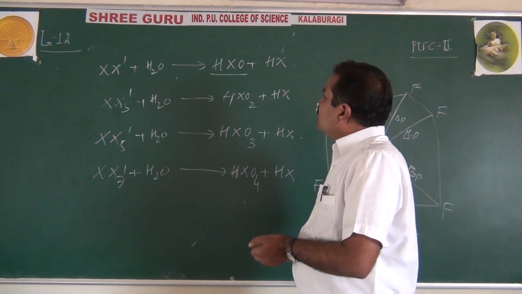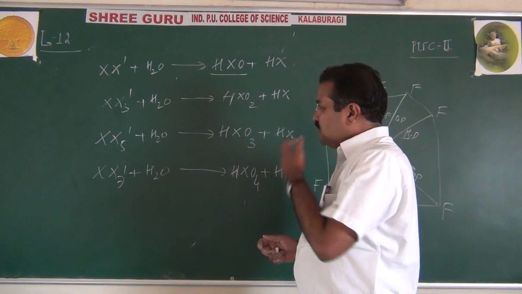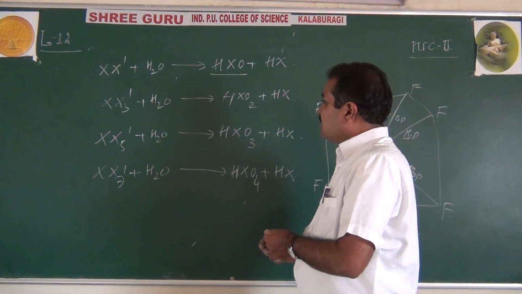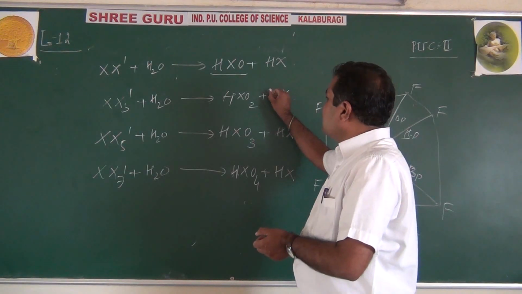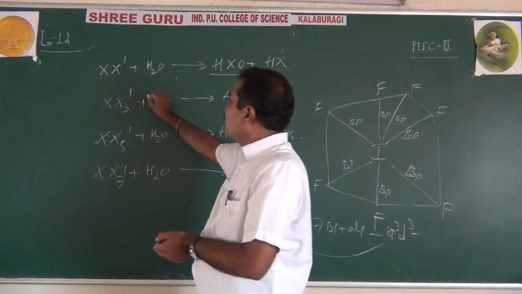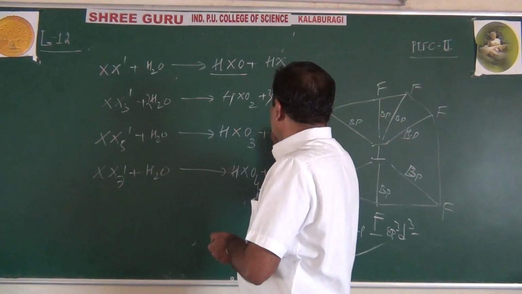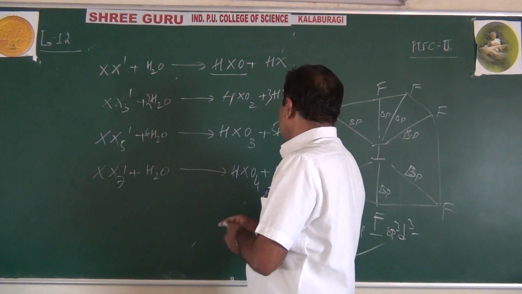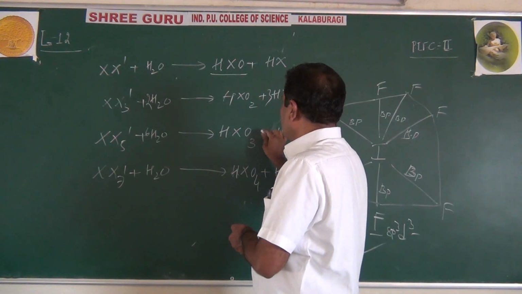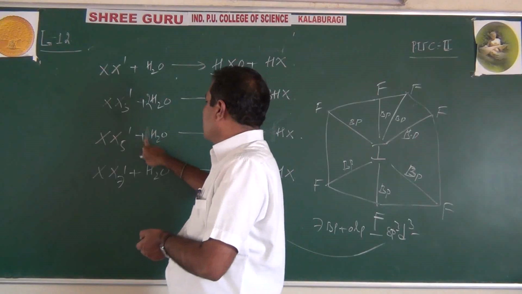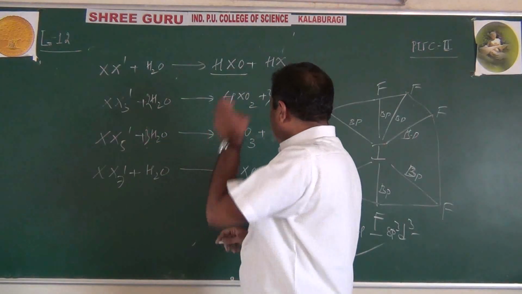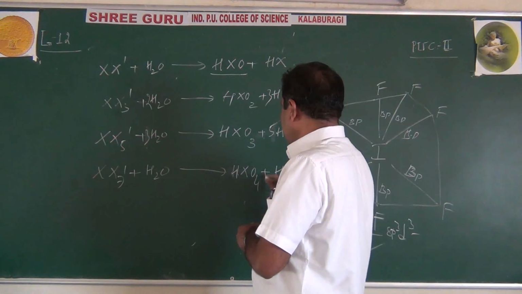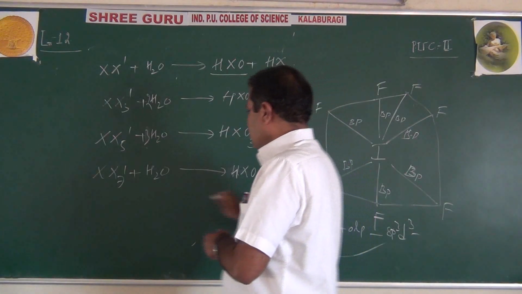Right? Okay. Now generally, if you go for balancing the equation, 2HX, XX3 so 3HX here, so 2H2O, 5HX, total 6H2O, sorry, 3H2O, okay, right. 5HX, then 7HX, 4HX.